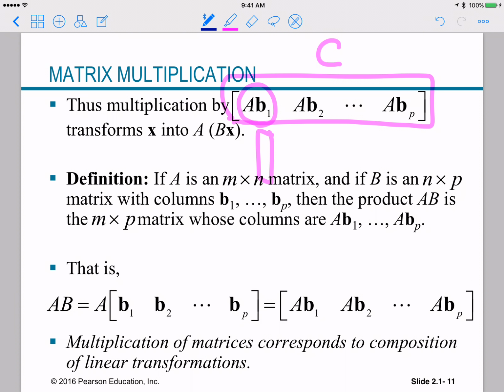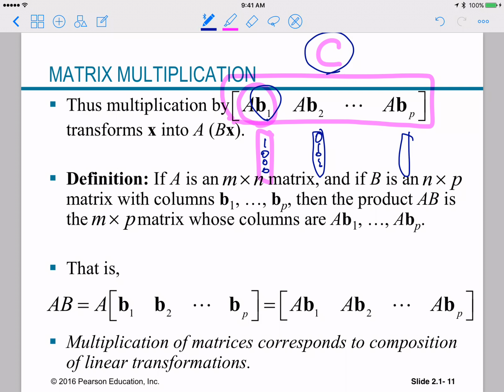But in this case, if we use composite functions and consider this a single matrix C, and if B1 and B2 were just standard unit vectors, 1, 0, 0 and 0, 1, 0 and so on, this would be just a standard matrix that we already know.